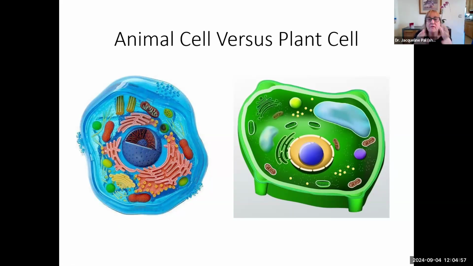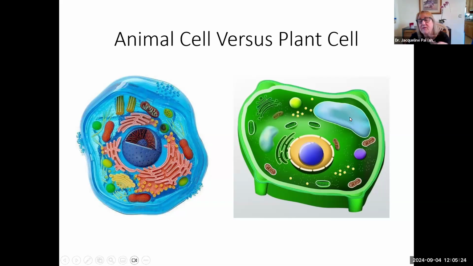It's a specialized type of vesicle, which can store stuff. We have vesicles that can store lipids in our adipose tissue, in our fat. They have a vesicle called a central vacuole that stores water.